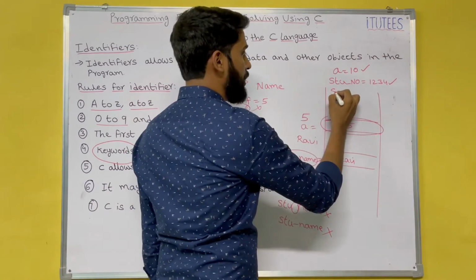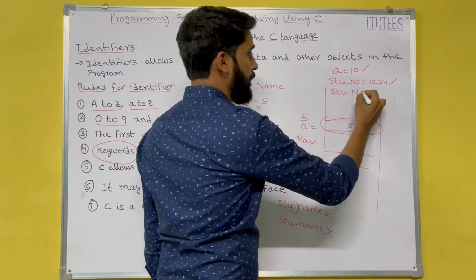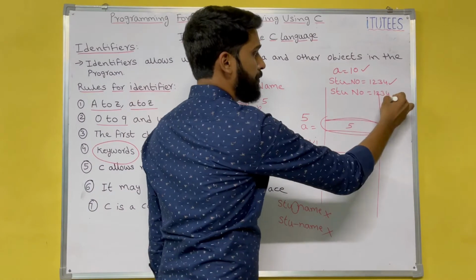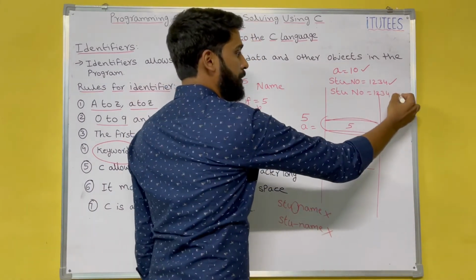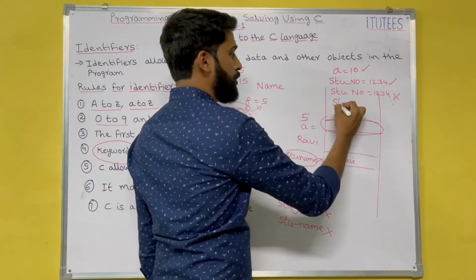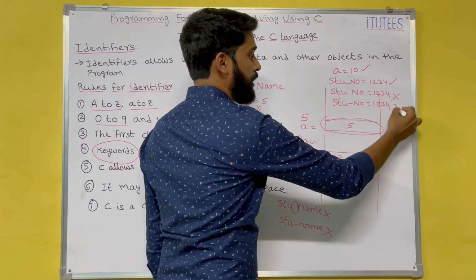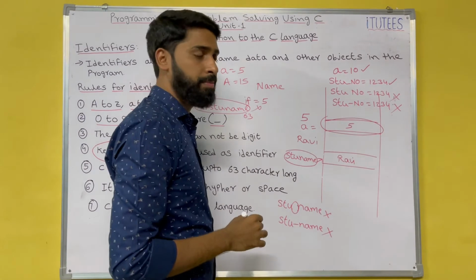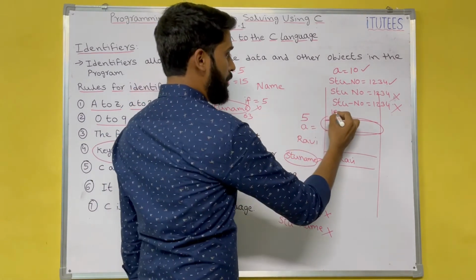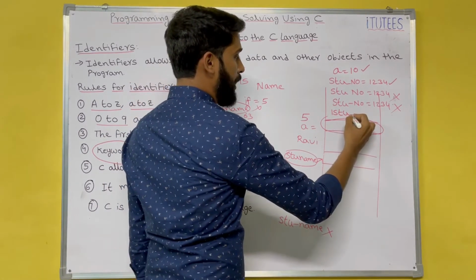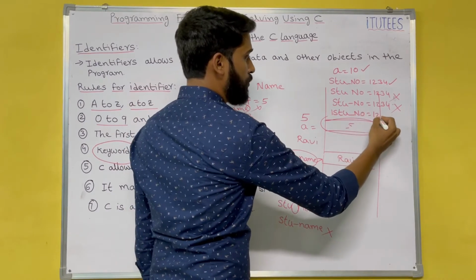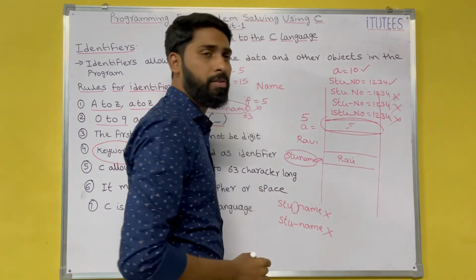And if I give stu space number equals to 1234, it is not valid. stu hyphen number equals to 1234 is also not valid. And 1stu_number equals to 1234 is not valid. Why?